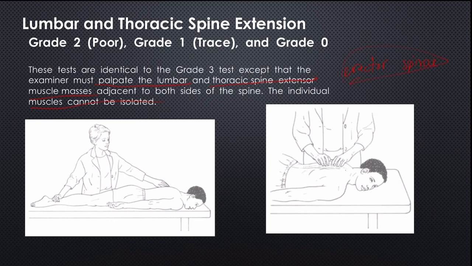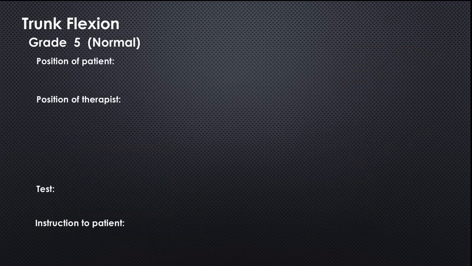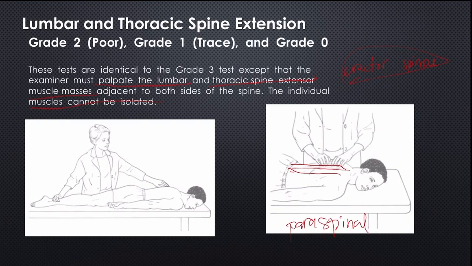They run from the thoracic down to here, paraspinal, because they are located along or at the sides of the spine. That helps extend the spine. Simply palpating the muscles will determine their grade, if they're not capable of moving against resistance, or against resistance and gravity.